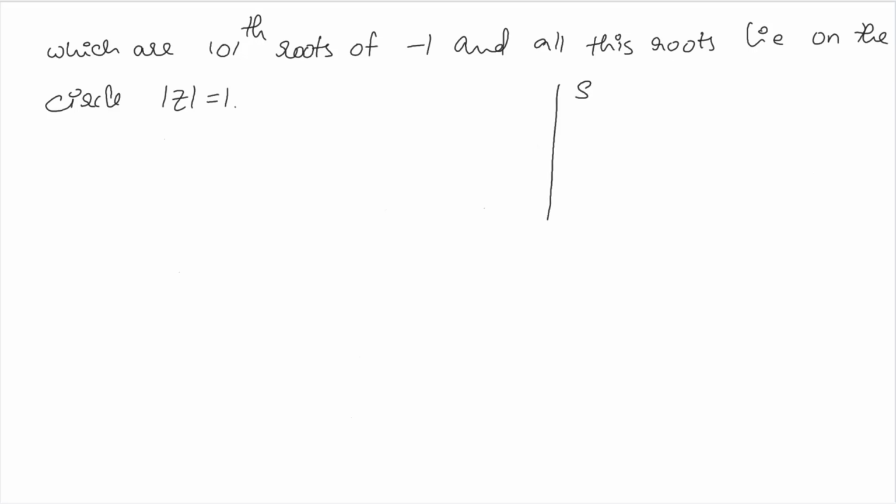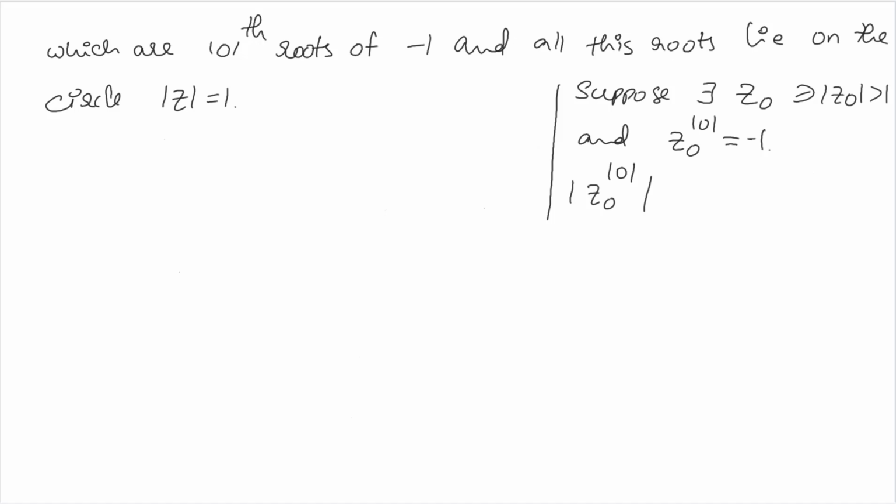Here is the reason. Suppose there exists a complex number z naught such that mod z naught is greater than 1, and it is a root of the polynomial, z naught to the power of 101 equal to minus 1. Then we have mod z naught to the power of 101 equal to mod of z naught to the power 101. Since mod z naught is greater than 1, mod z naught to the power 101 is again greater than 1.